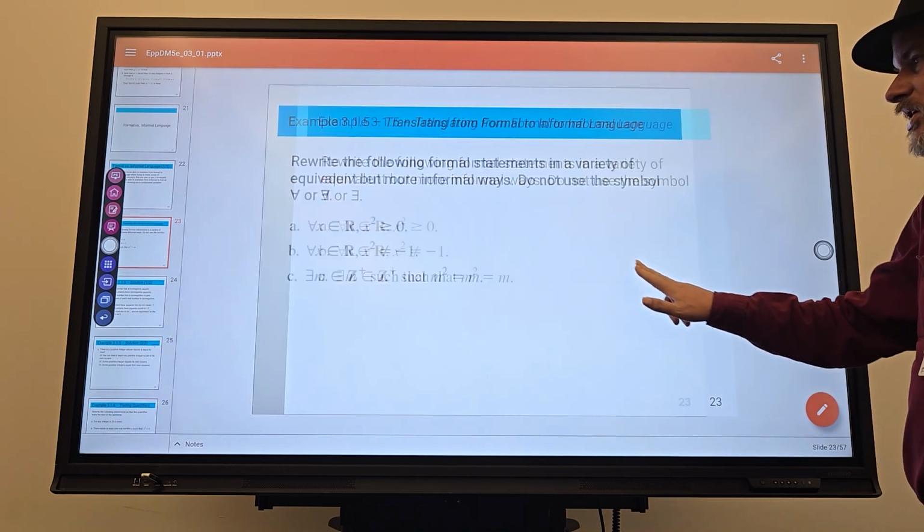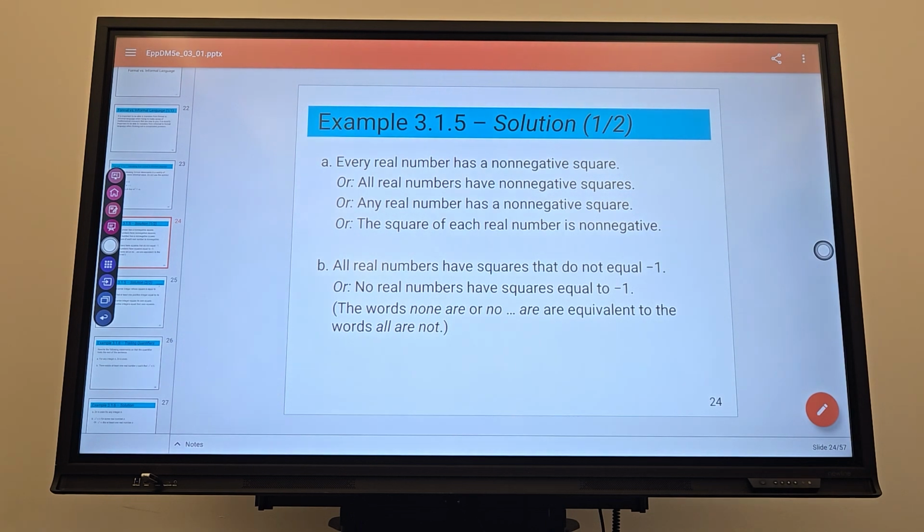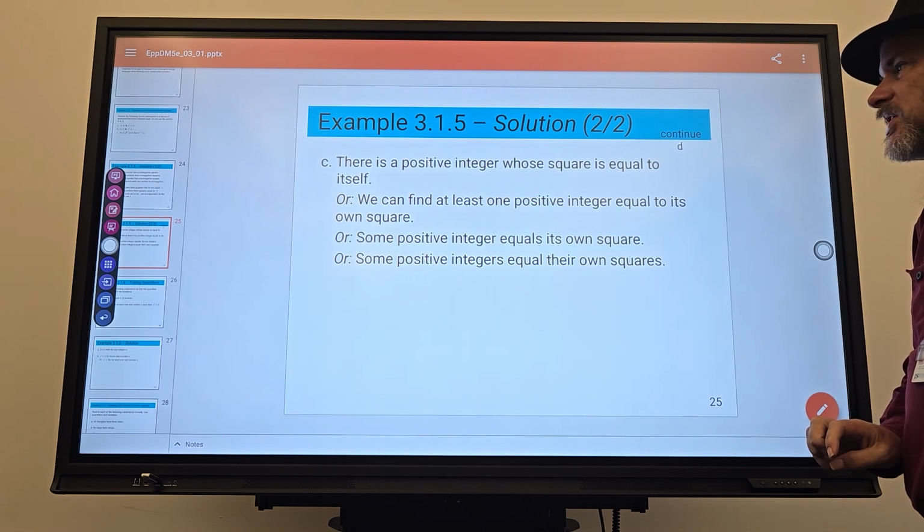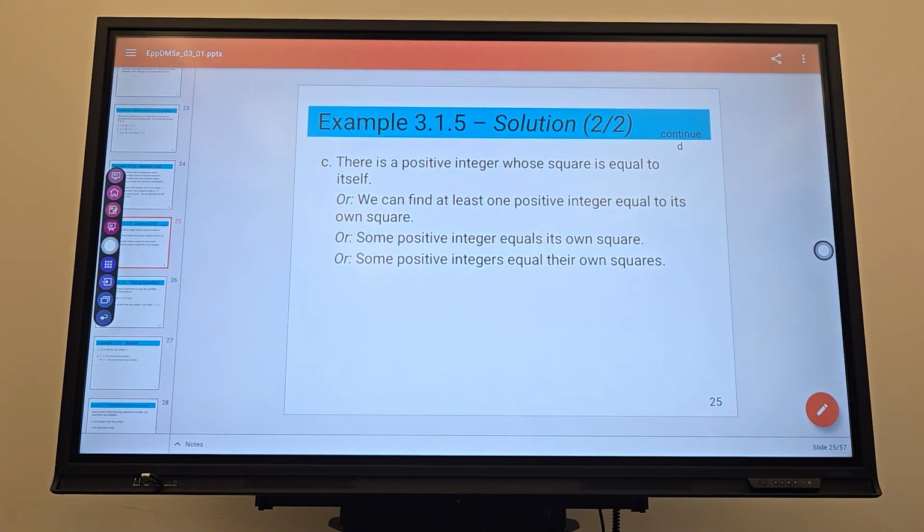You would rewrite them in this way. All numbers have non-negative squares. Any real number has a non-negative square. The square of each real number is non-negative. There are lots of different ways to express it. All real numbers have squares that do not equal -1. And there's a positive integer whose square is equal to itself, or one of these other forms.